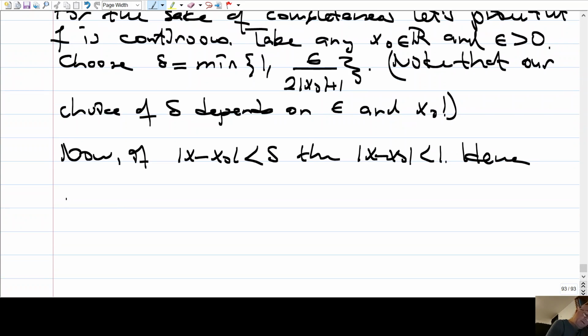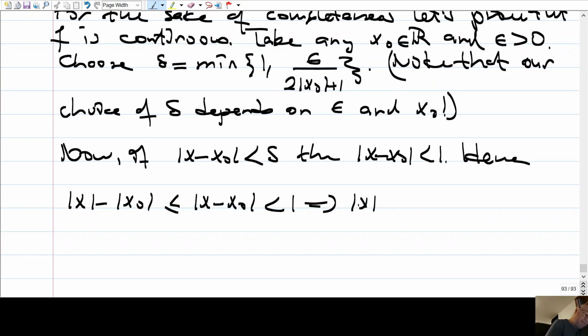Hence, remember, this thing is less than |x minus x0|, and this is less than 1, and therefore I have absolute value of x is less than 1 plus absolute value of x0.